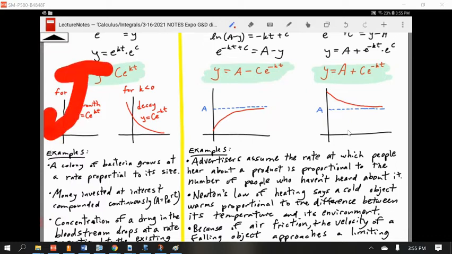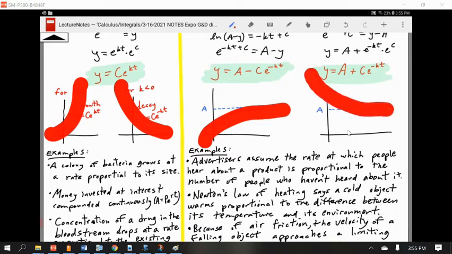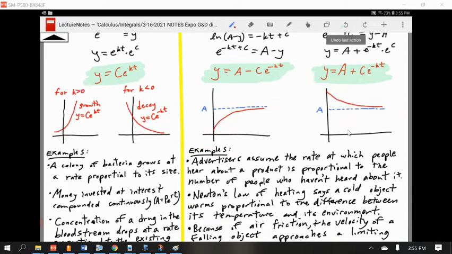This one on the far left looks the most like a J. Exponential growth looks most like a J. Exponential decay is like a backwards J. Negative decay is also like a J, but rotated backwards. These are what are meant by J curves. They have a J shape.